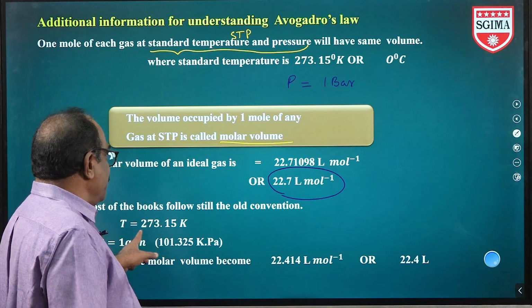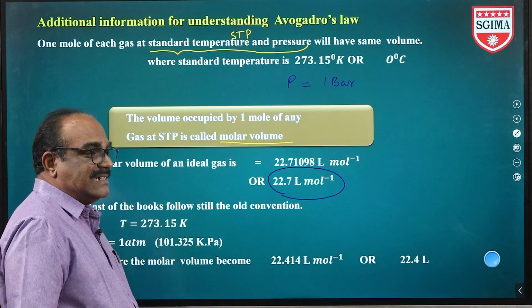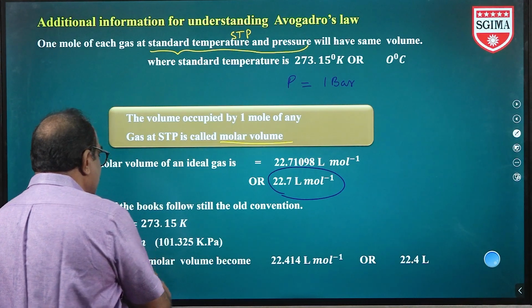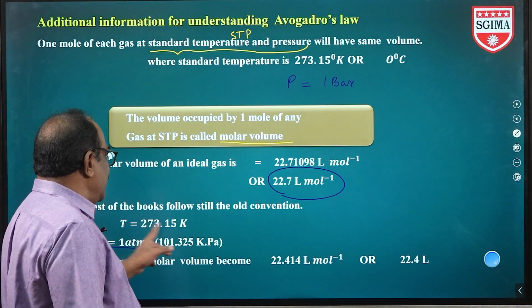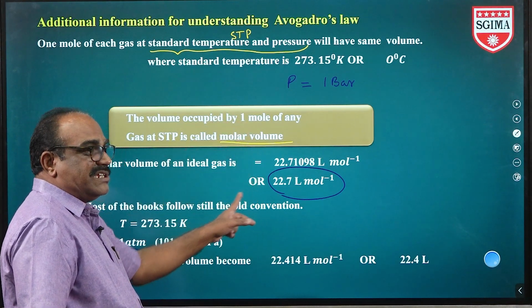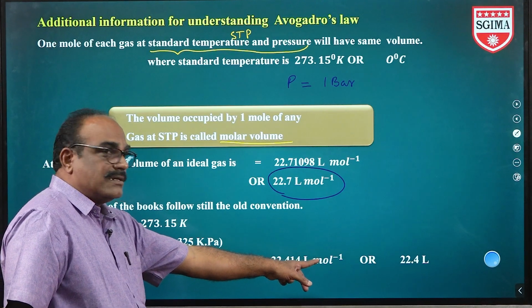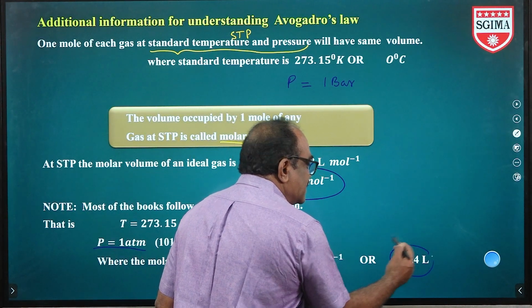Old convention means temperature will be taken same, 273.15 Kelvin or 0 degree centigrade, but for pressure they take 1 atmosphere. As 1 atmosphere is taken, there is a slight change in the calculation. I am going to get 22.414 liter per mole, or it will be taken as 22.4 liters.